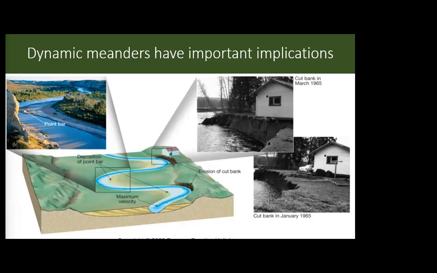Anything you build on top of it is eventually going to fall if you keep undercutting the soil it's built on. During high flood events, high volume flow events, you're going to get even more cutting, and eventually you can undermine the entire foundation of a house if you're built on a cut bank.